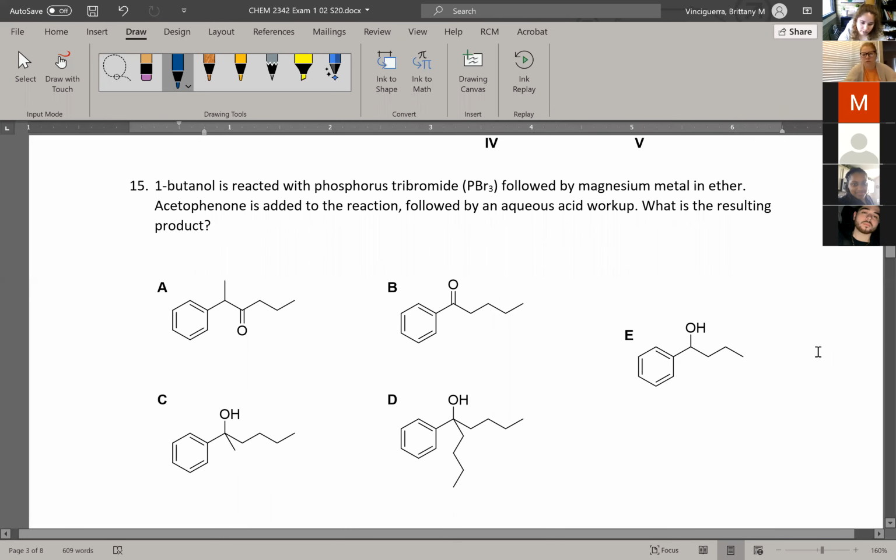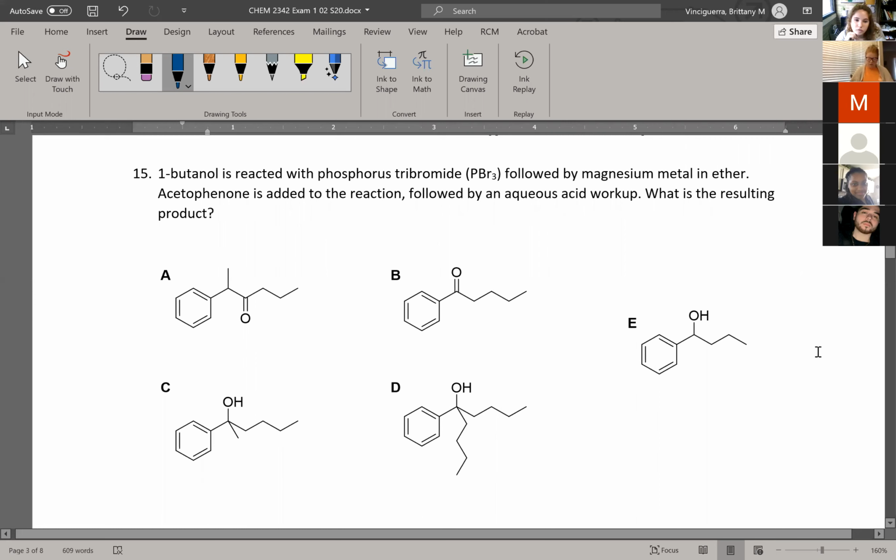Okay, let's go through this question. 1-butanol is reacted with phosphorus tribromide, PBr3, followed by magnesium metal in ether. Acetophenone is added to the reaction, followed by an aqueous acid workup. What is the resulting product? In order to answer this question, you have to be able to draw all the structures that are mentioned.